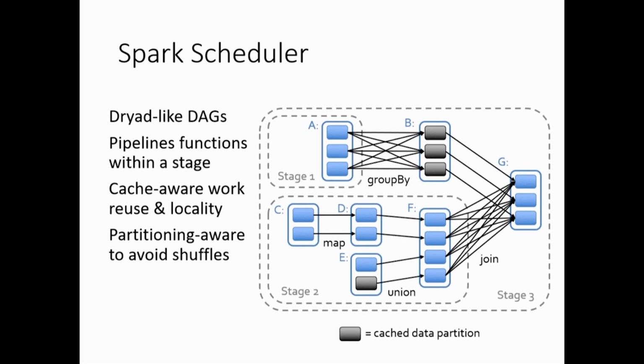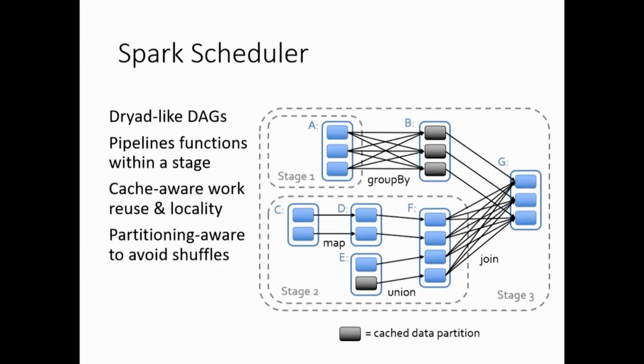When you execute a Spark program, you will see stage 1 executed, stage 2 executed, stage 3 executed, and then the job is over. So the task is split into stages, and this is how stages are decided. Stages are split at the fat boundaries.